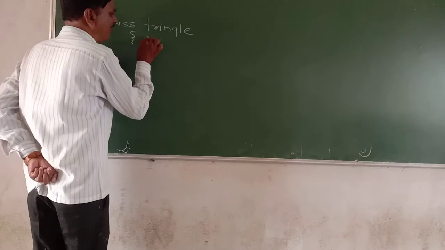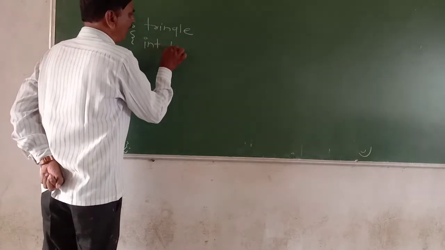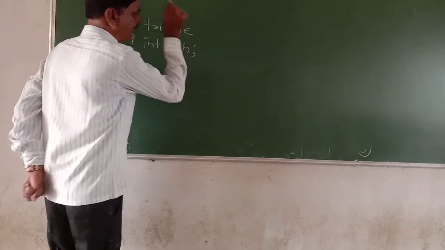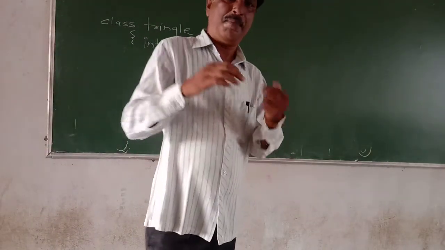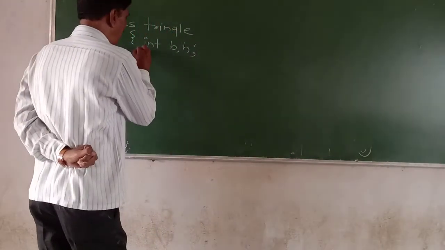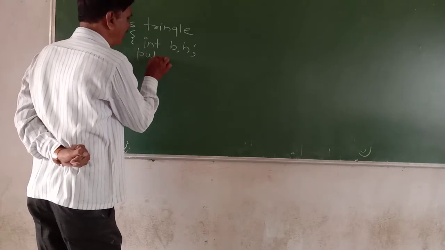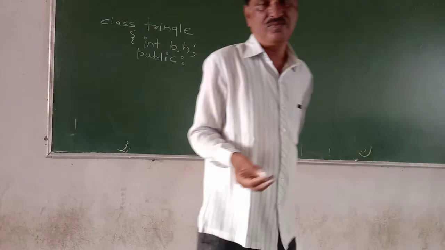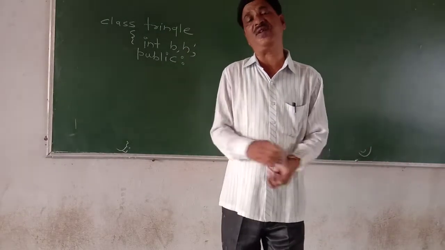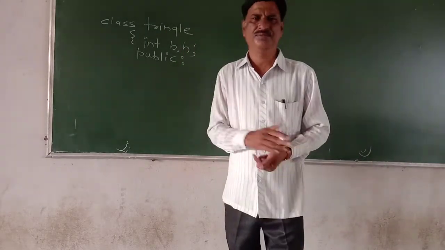Data members are mentioned already: integer base, height. Now the function member that we have to add, and functions are always declared under the section public. Why are function members always declared under the section public?